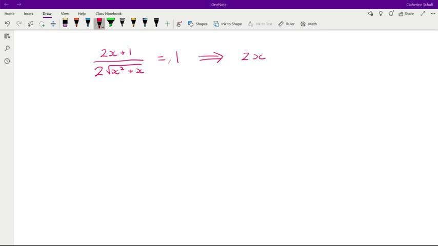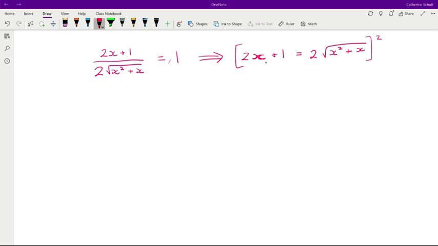So this way. All right, and then I'm just going to square it. So square both sides. That's your strategy for these square root problems.